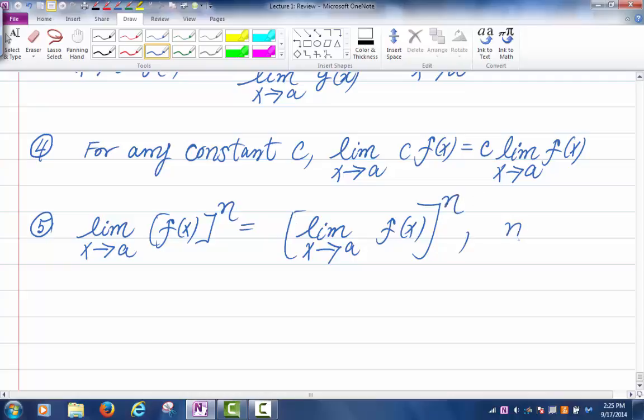And here, n is a positive integer. Remember, this symbol means the collection of positive integers.